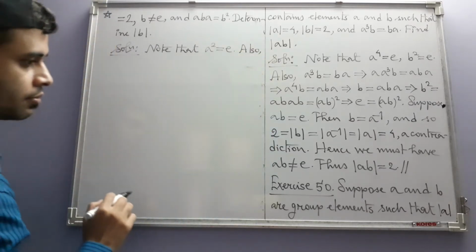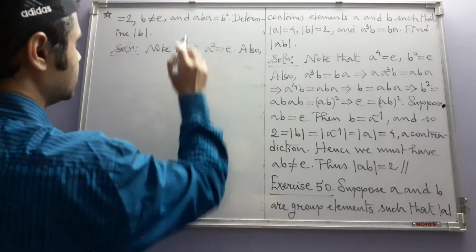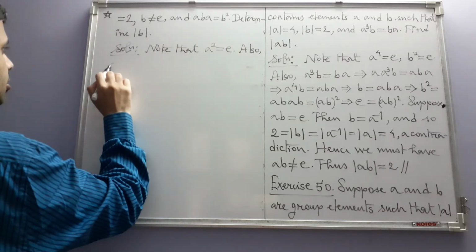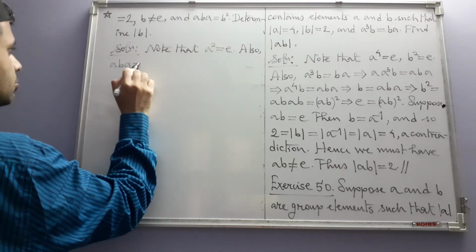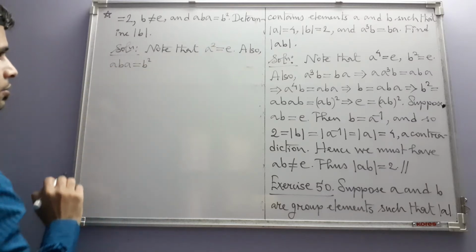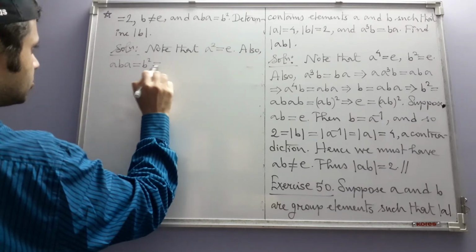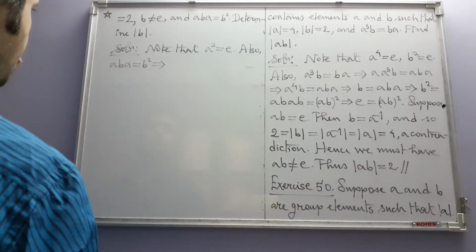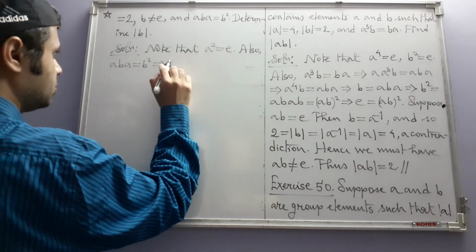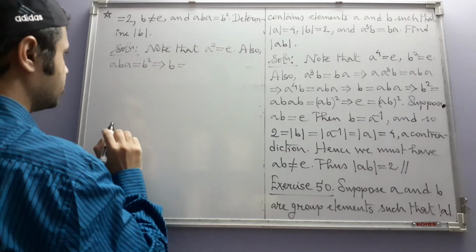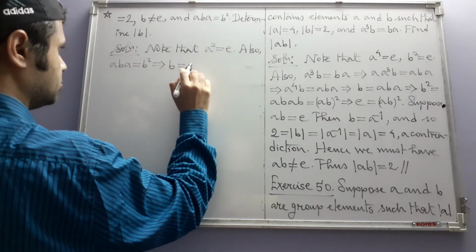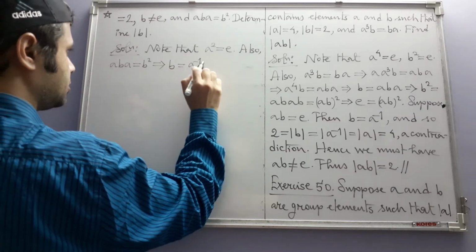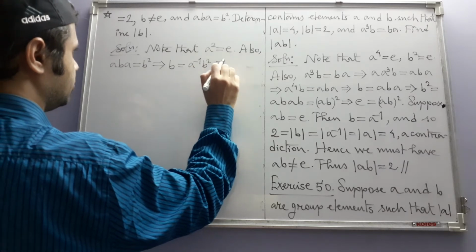Also, ABA is equal to B square, which implies B is equal to A inverse B square A inverse.